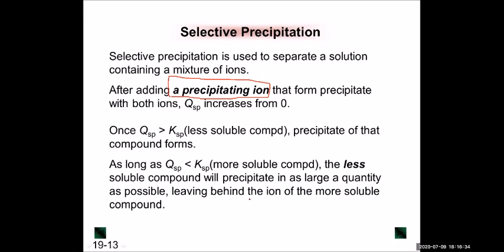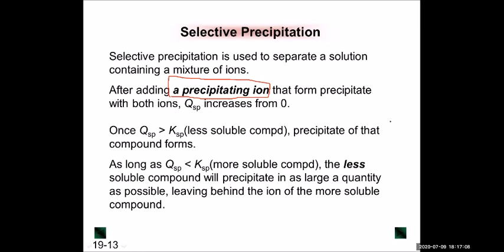So for selective precipitation, we need to make sure the Qsp is larger than the smallest Ksp, but it has to be below the Ksp of the more soluble compound. We basically find the range. What is the concentration of precipitating ion needed to precipitate each ion? Then start from the lowest requirement. That ion should precipitate first.